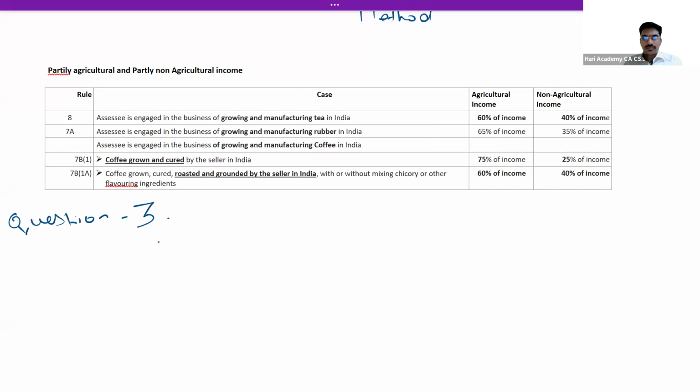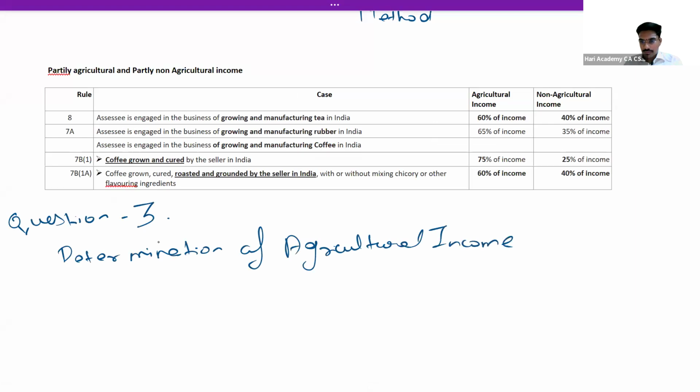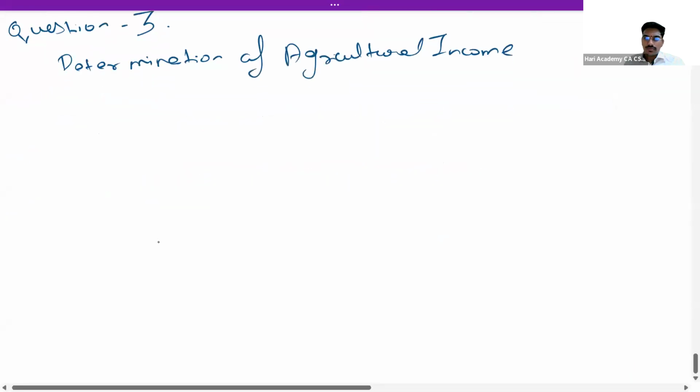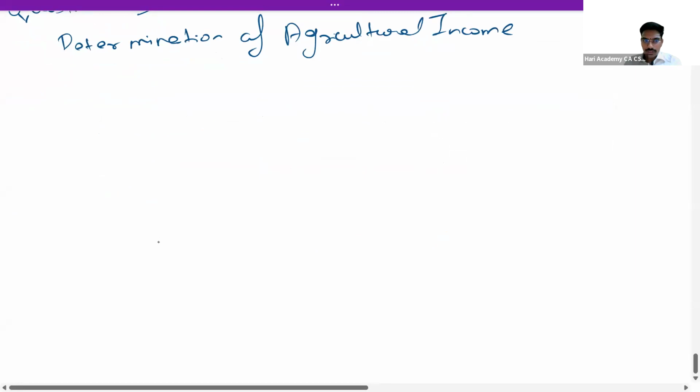Question number 3. So first we have to determine what is agri income. Determination of agricultural income. Particulars.